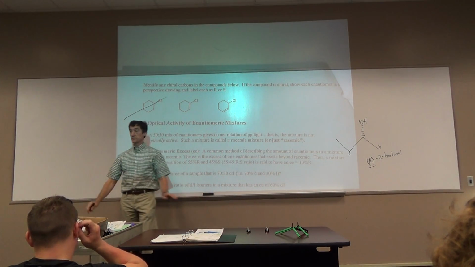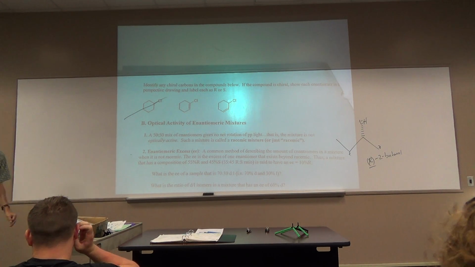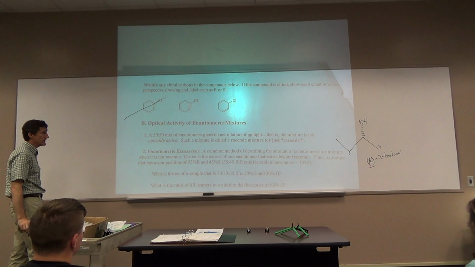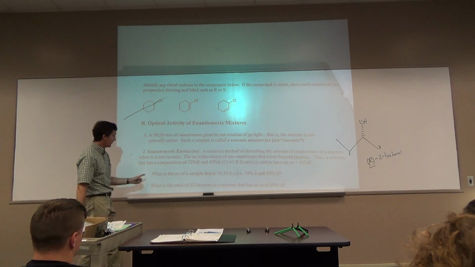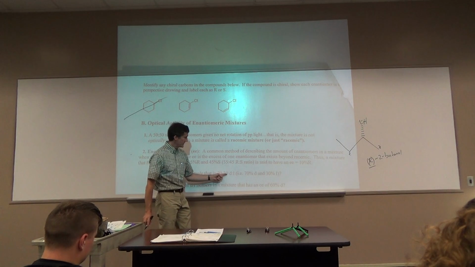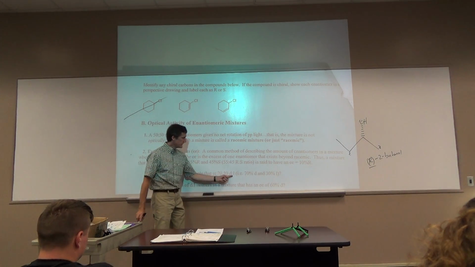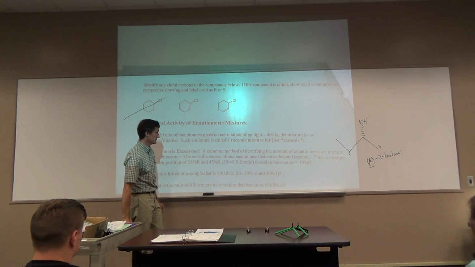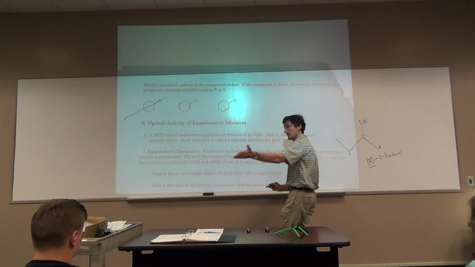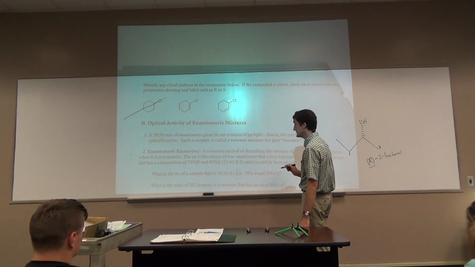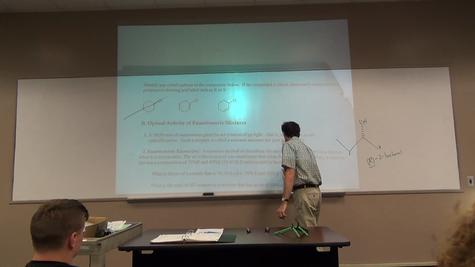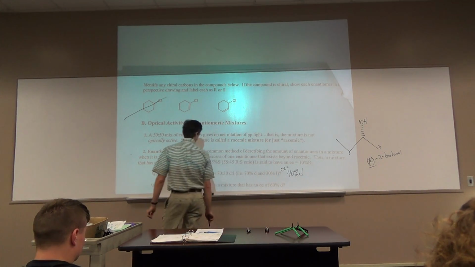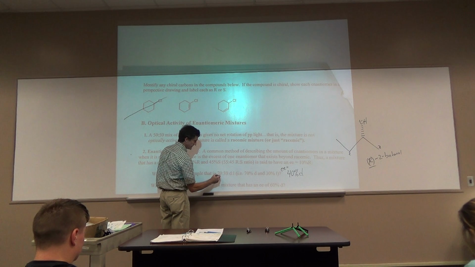Now, your book will probably give you some formula that I've never seen. You can work the formula if you want. That's how I do it. Let's do some examples of this. What is the EE of a sample that is 70-30 D and L? 40% D. EE equals 40% D, because 30 of this cancels 30 of this.